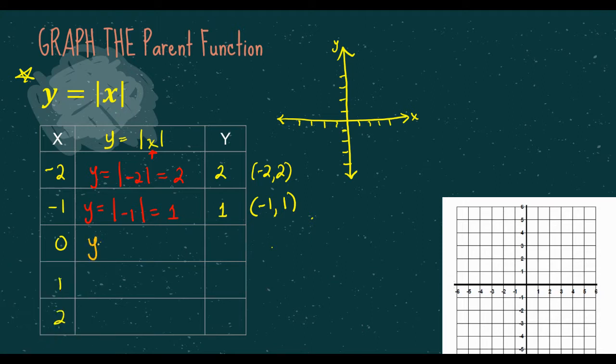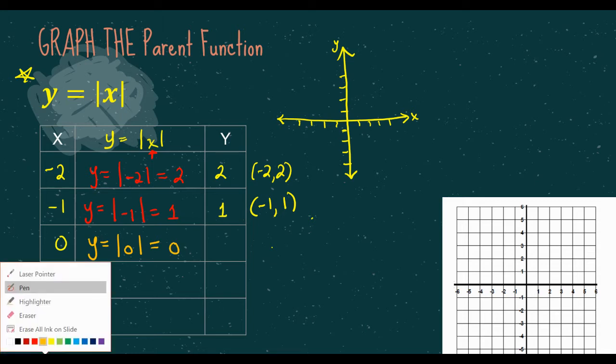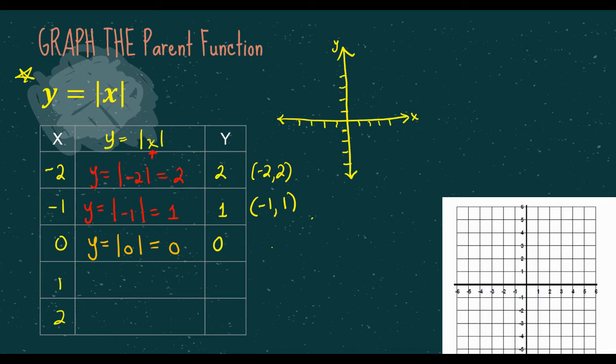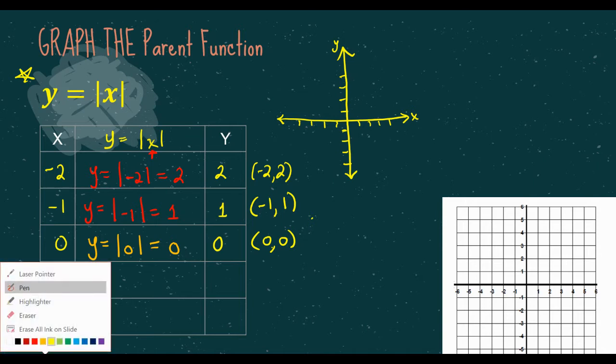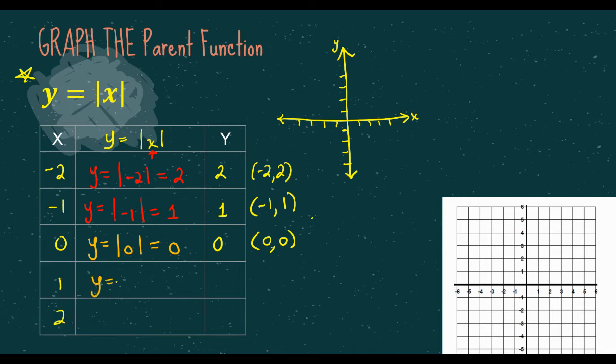And the next one, Y equals absolute value of 0. Well, that would be 0. 0 distance away from the origin. So we're going to graph the point 0, 0. And we'll keep going. Y equals absolute value of 1. That's worth 1.